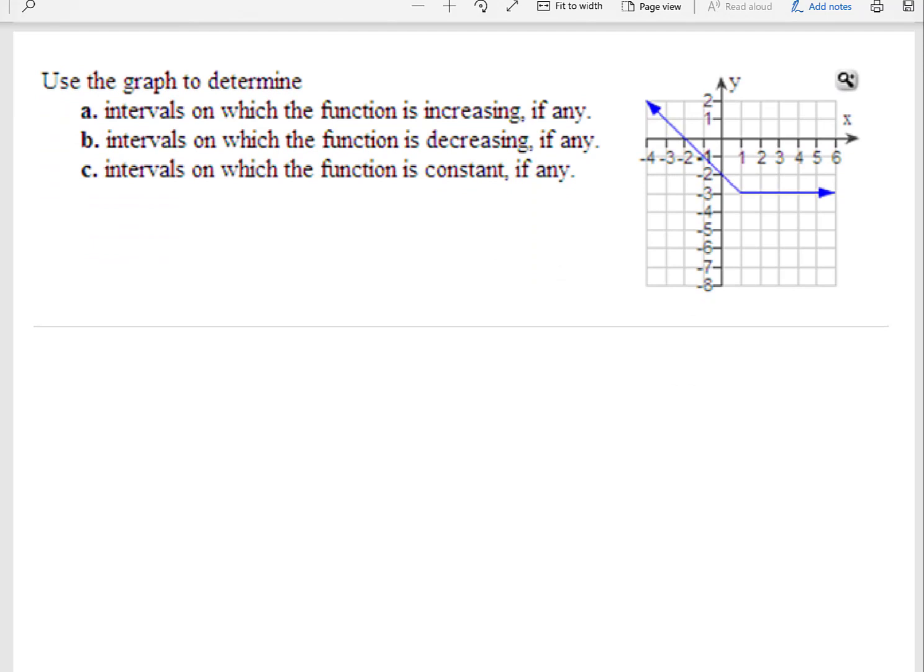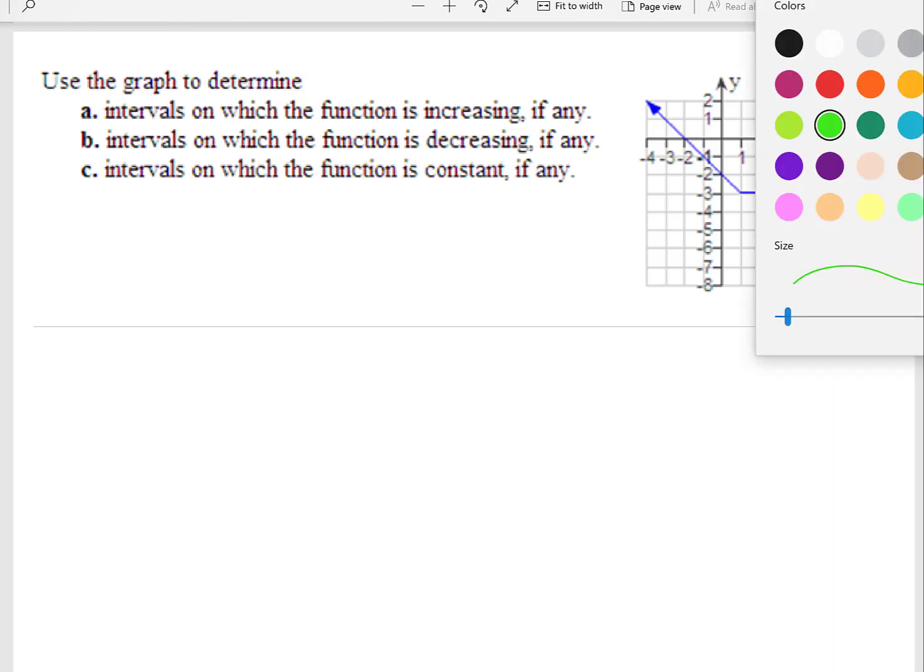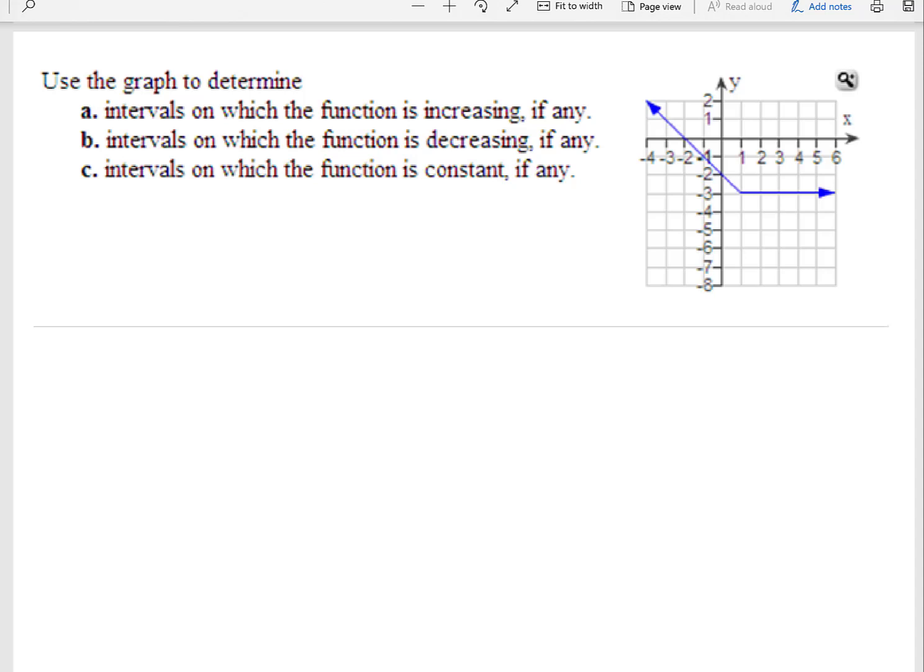So looking at this first question right here. It says, use the graph to determine A, the intervals on which the function is increasing, if any, the intervals on which the function is decreasing, if any, and the intervals on which the function is constant, if any. We said that increasing meant that when I traveled from left to right, my y value was increasing, right?